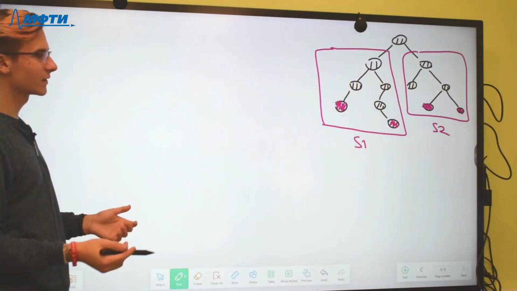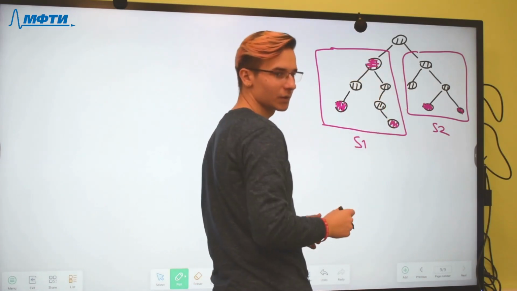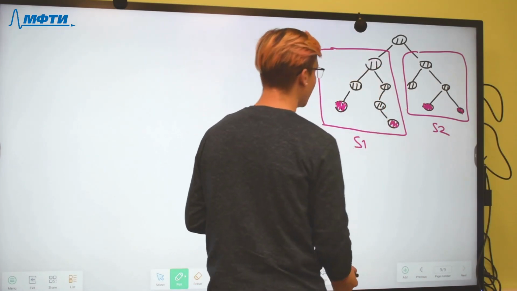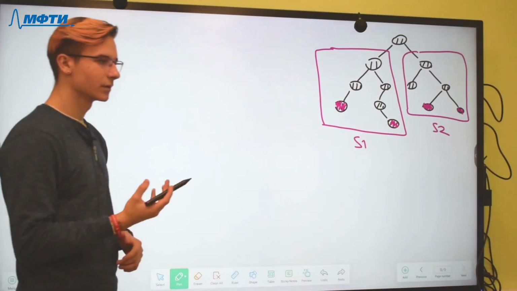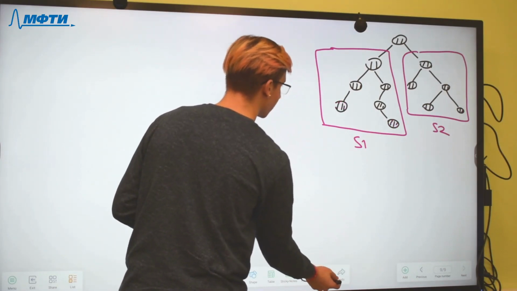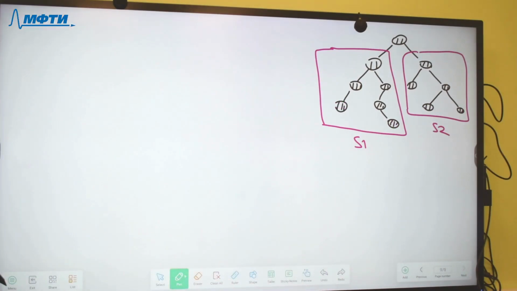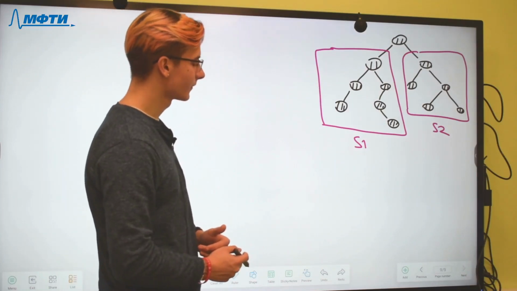And of course we understand that we can add, for example, this node, etc. And how can we improve this algorithm, to get the right answer in this case?